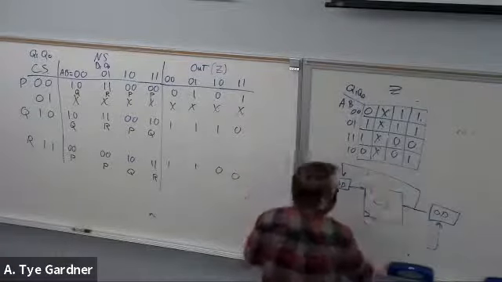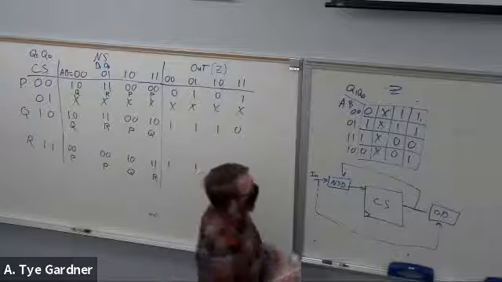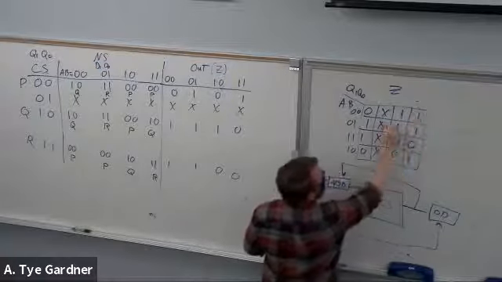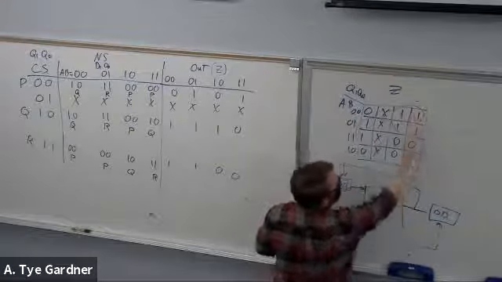Okay. And then from here, it's just a K-map where you can do things like, that's a good one, that's a good one, and then this is probably just a wraparound.